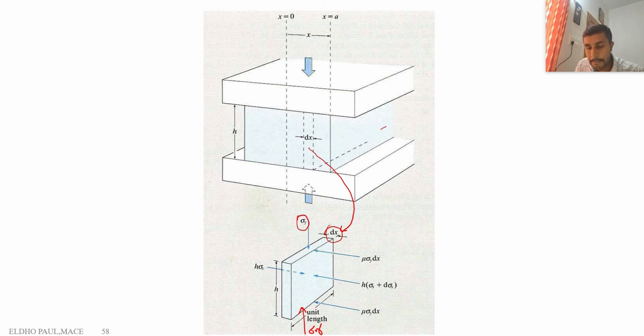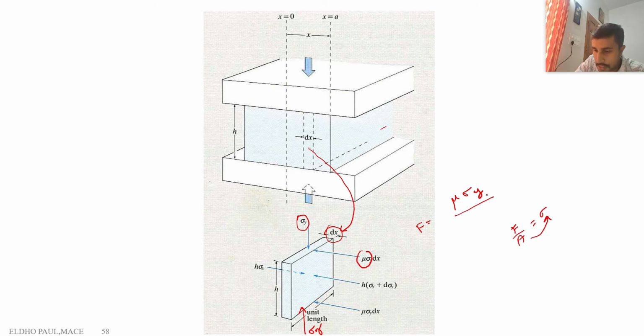Then mu sigma y is the frictional stress corresponding to friction. What is the corresponding force? Frictional stress is equal to mu into sigma y. What is the corresponding force? Force by area equal to stress. The force is equal to stress into area.